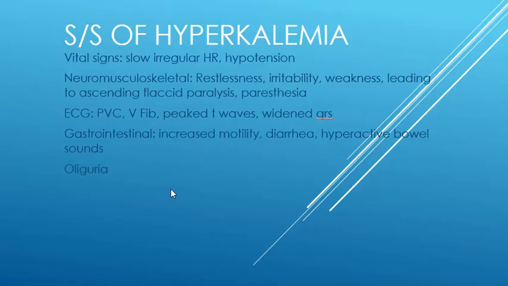With your GI tract, it is opposite of hypo. You will have an increased motility, diarrhea, hyperactive bowel sounds, where with hypo, you were actually at risk for paralytic ileus. So very, very important.